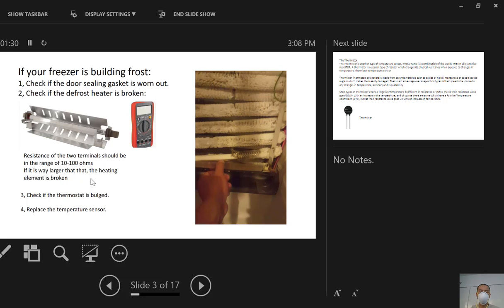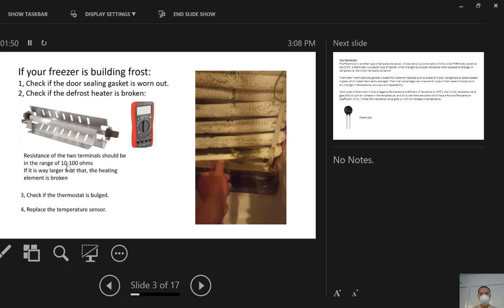To run a lot of current through it, it should have a really small resistance. So this is nothing but a low resistance resistor. If you probe the 2 terminals, it should be somewhere around 10 to 100 ohms. That's how you can heat it up.